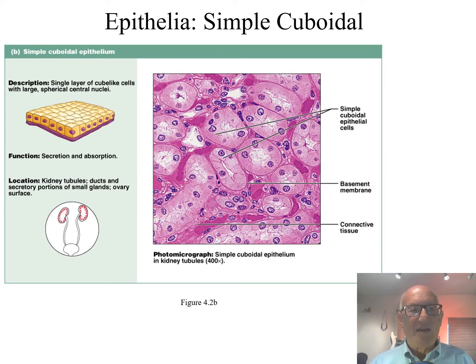So this is a slide from kidney tubule tissue, and this is very characteristic looking. We see these cuboidal cells, a single layer of cuboidal cells lining the kidney tubule. So this is as if we are looking into the tubule, like looking into a garden hose cut in cross section, and the cells make up the rubber outer layer of the garden hose.